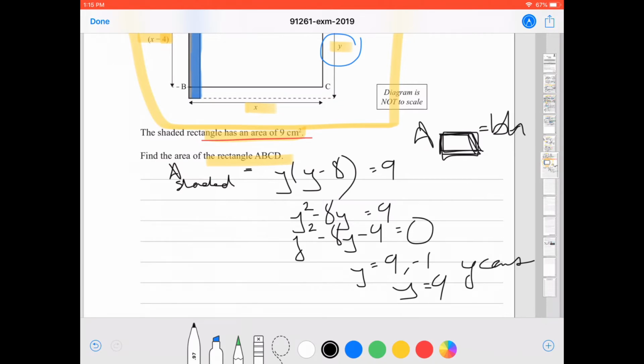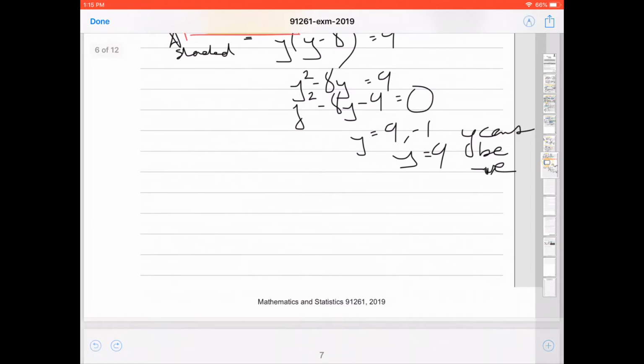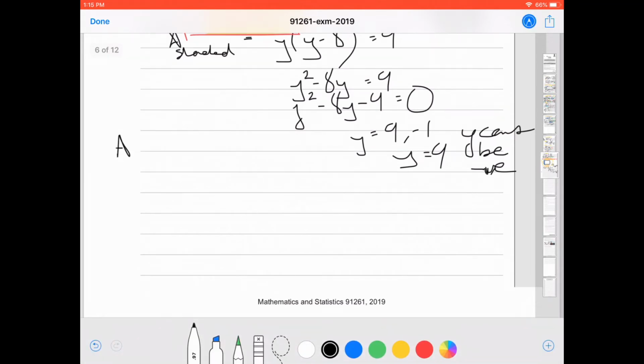We're going to say y can't be negative. Okay, and so how does this help us? Y equals 9. Well, we're trying to find the area of the rectangle ABCD. What are the dimensions for that area? Area of ABCD.